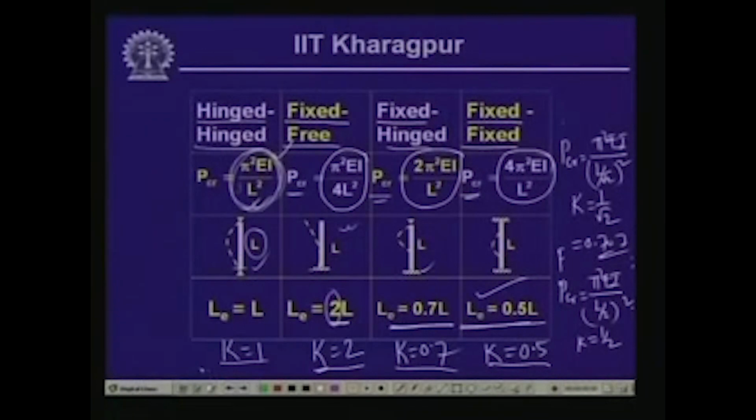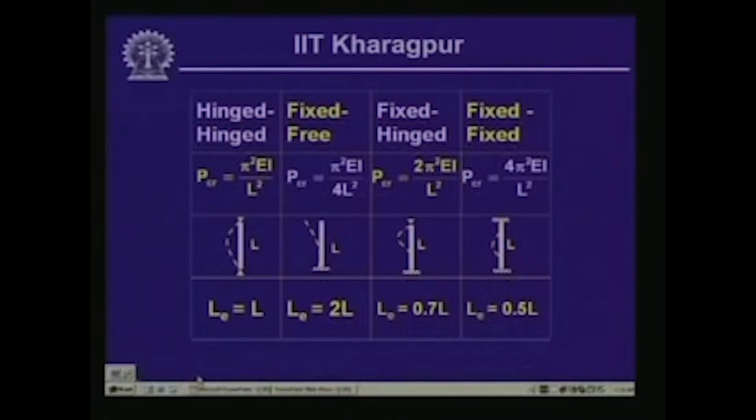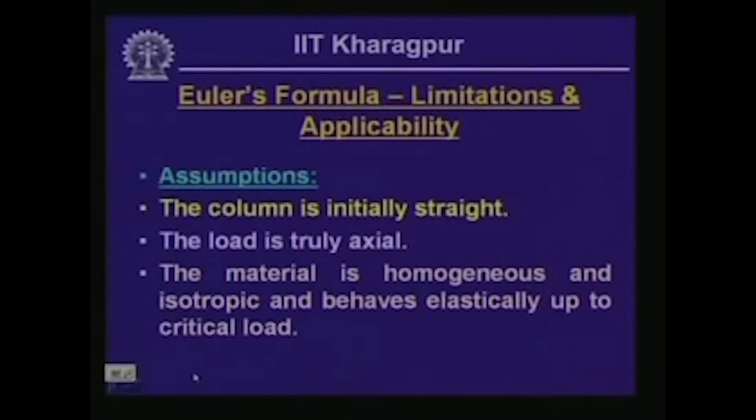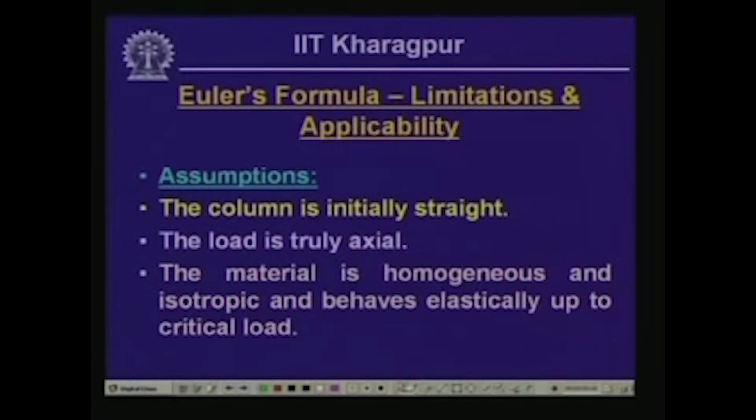Now, having looked into this, let us look into the variation of these stresses and the assumptions with which Euler's formula was derived. When the formula was proposed by Leonhard Euler, it was assumed that the column member is perfectly straight.